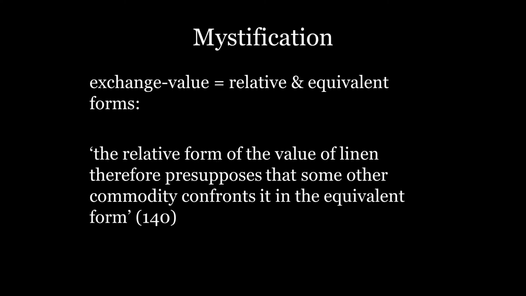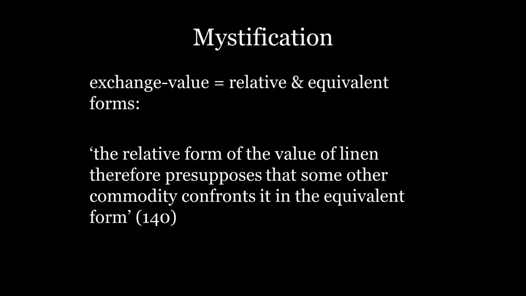So, this concept of mystification kind of arises because precisely you can't exchange linen for linen, you can't exchange a table made of wood for a table made of wood in commodity capitalism. You need to exchange these things for something else, which means that linen needs to be exchanged for money, and linen in that equation is what Marx calls the relative form of the value, right?